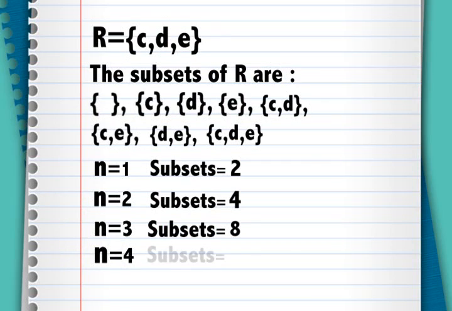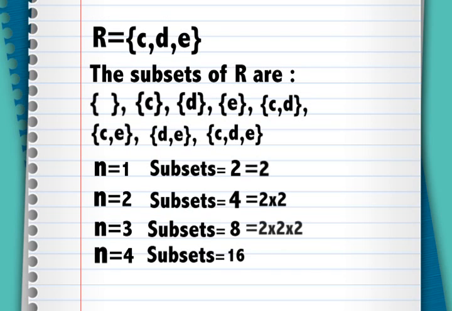So let me write this in here. The subsets will be equal to 16. So let us just see what is happening here: 2, 4, 8, and 16. 2 is the same as 2. 4 is the same as 2 times 2. 8 is the same as 2 times 2 times 2.